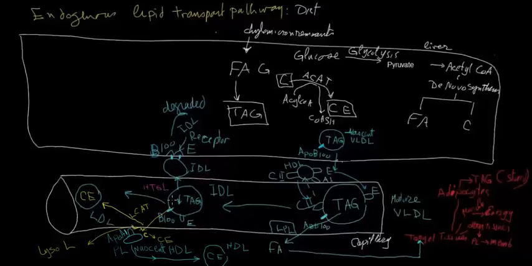This hepatic triglyceride lipase will hydrolyze triacylglycerols even further. So we'll end up in the low density lipoprotein with a very much reduced amount of triacylglycerol, and it will be really stuffed with cholesterol ester. So the cholesterol ester content increases a lot, and triacylglycerol will be reduced very much.